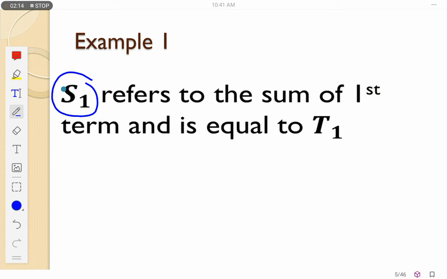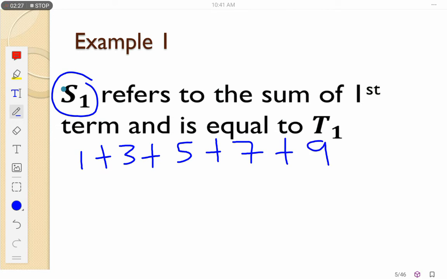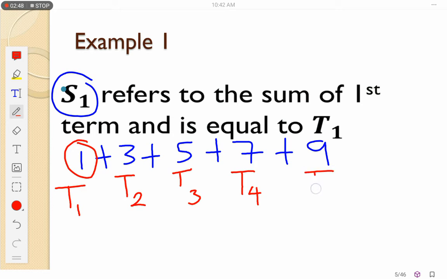Using the previous series that we had, which was 1 plus 3 plus 5 plus 7 plus 9, what it means on this series is that this 1 here is termed T1. 3 there is term number 2. 5 is term number 3. 7 is T4, term number 4. And 9 is T5. That's basically what this means.